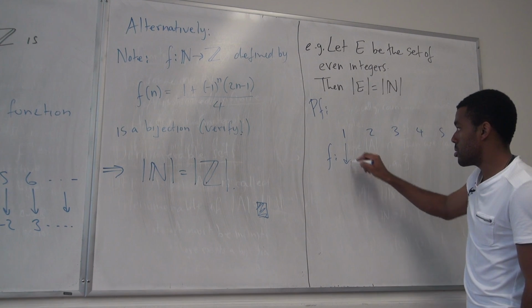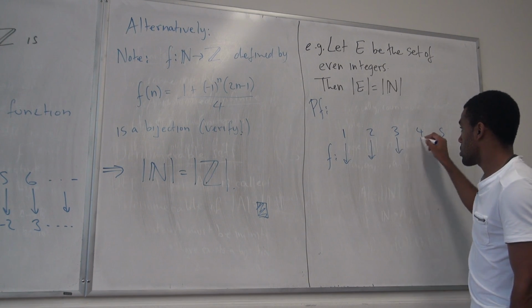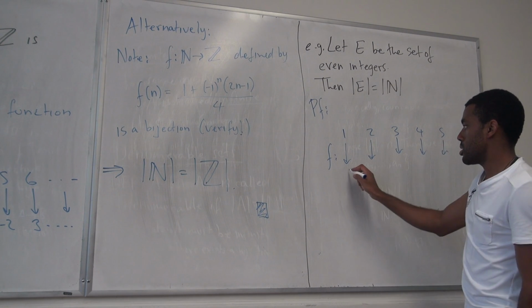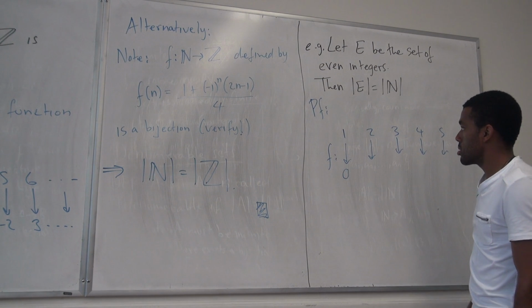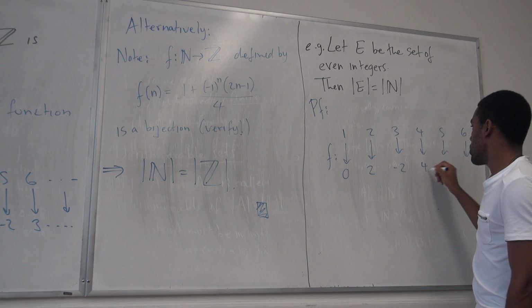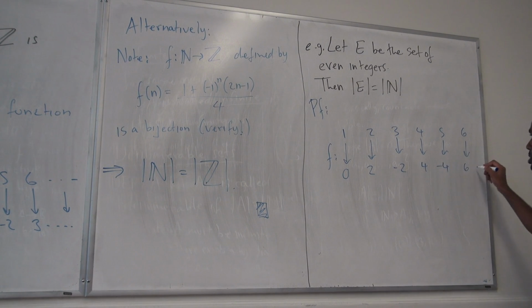So how would you assign these? 1 I can send to 0. Then this would go to 2, minus 2, 4, minus 4, 6, and so on and so forth. So I can also list the even integers.